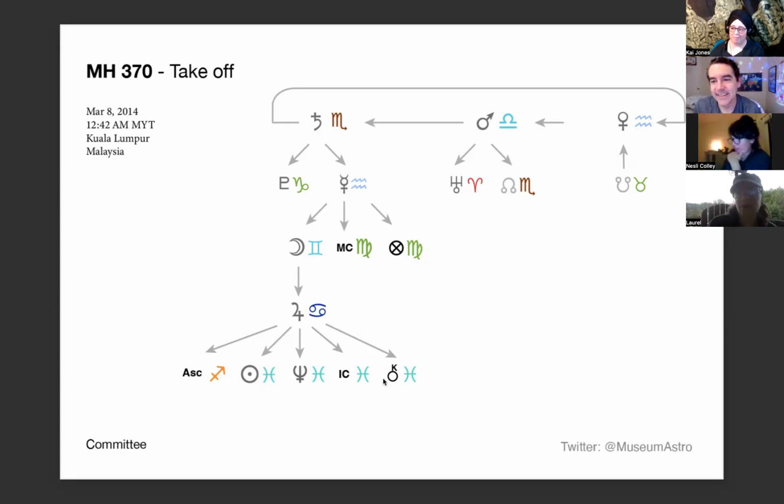I do have something. I don't know if it's a question, but maybe we can all brainstorm for a second. I was thinking about this committee, and maybe some ways within it, symbolic time techniques, either progression, firdaria, obviously perfection and circumambulation.